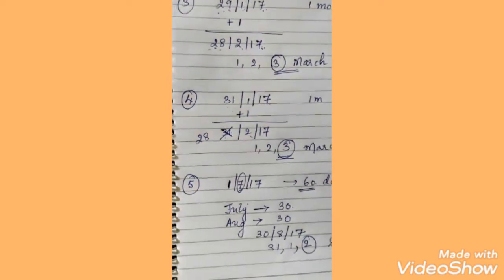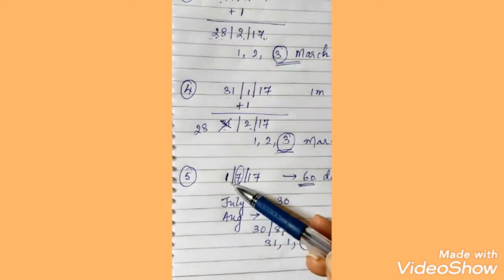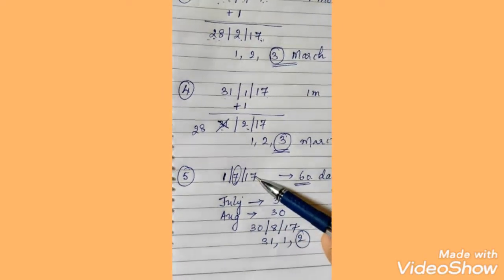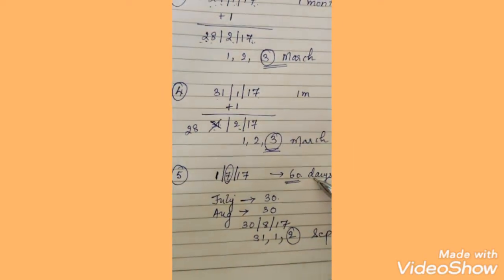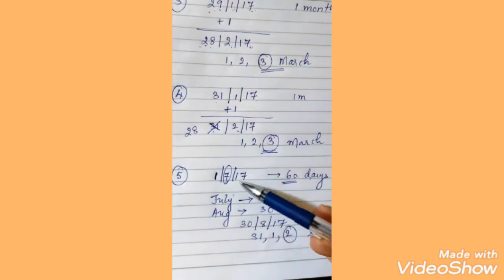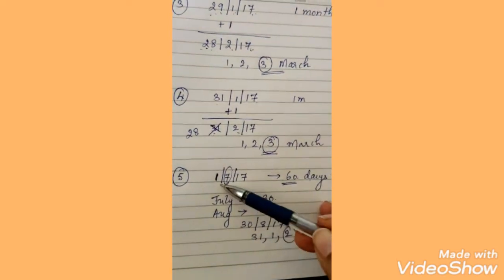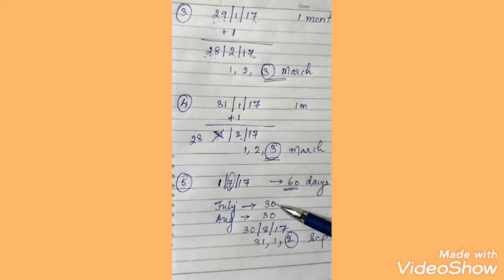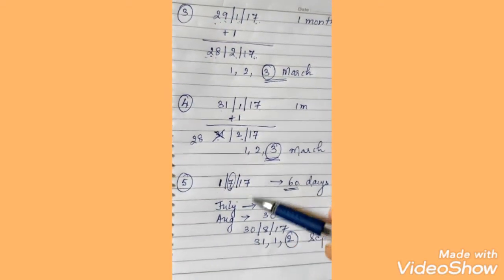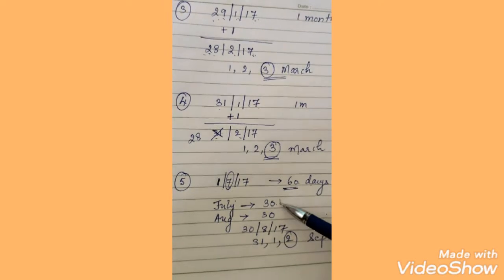I'll repeat this case once again. If the bill is drawn on 1st July 2017 for 60 days, you have to count 60 days from 1st July. So how many days of July will there be? Obviously 30, because 1 is already included here, right? So after the bill is drawn, you have to count 30 days.